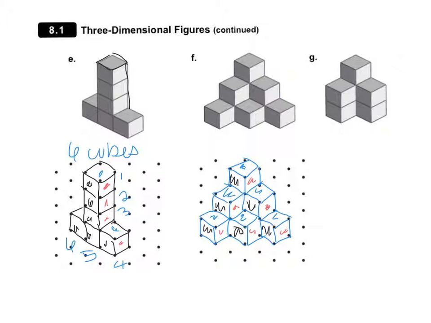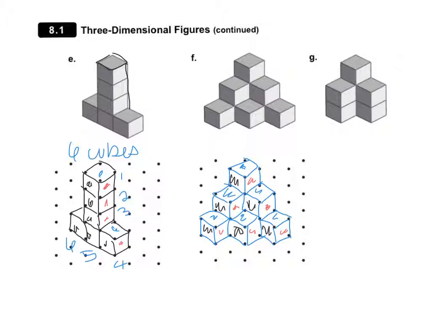And now we get the fun job of counting these. So we can see that there are 1, 2, 3, 4, 5, 6 cubes. But now we need to think about all the ones that we can't see. So behind this tallest tower, there have to be 2 cubes holding it up because it's 3 cubes high.